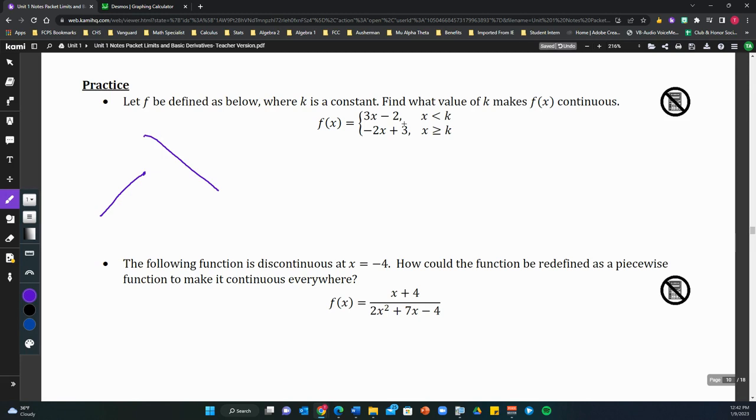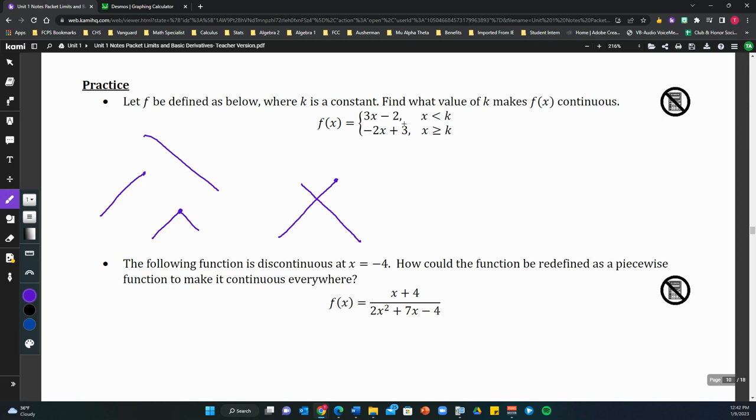And what's not a possibility is for us to transition after they intersect. Because if I were to move past the point of intersection on the first piece, I can't jump backwards in my interval and start the next one over again. So it's always going to be that they stop before they intersect or they stop when they intersect.